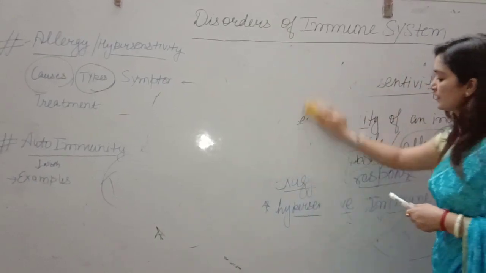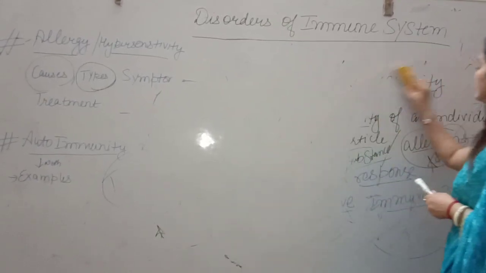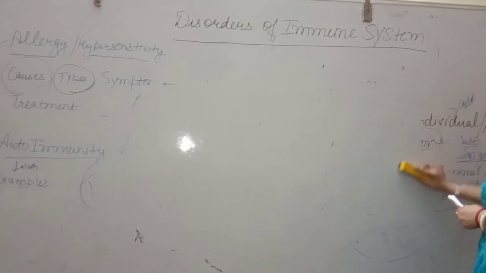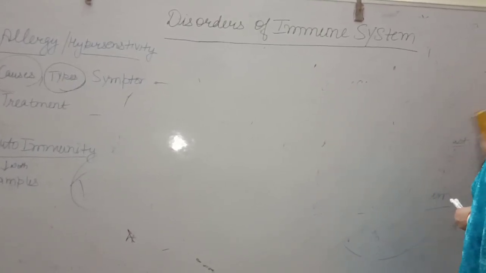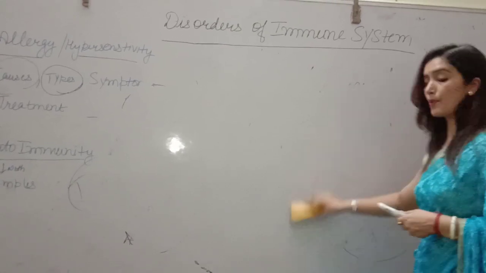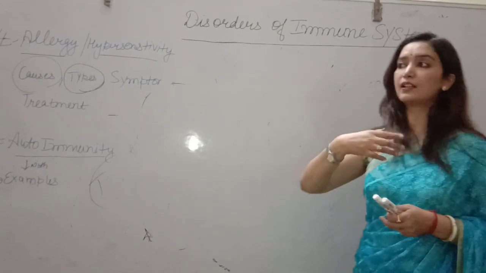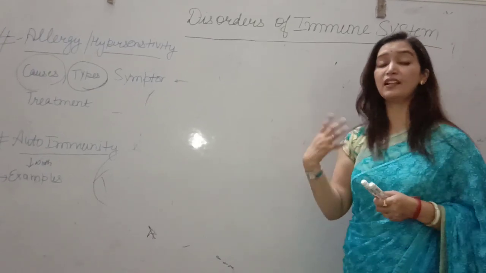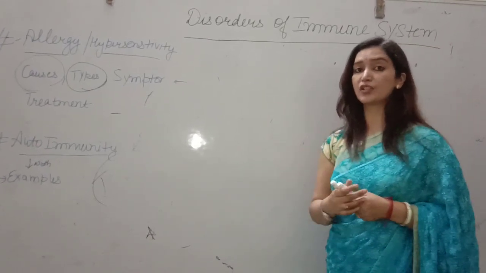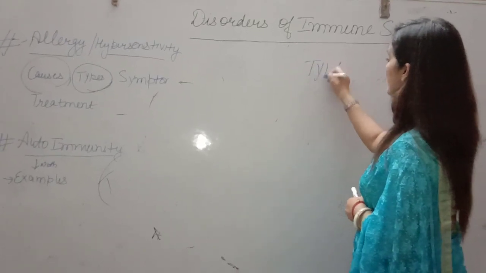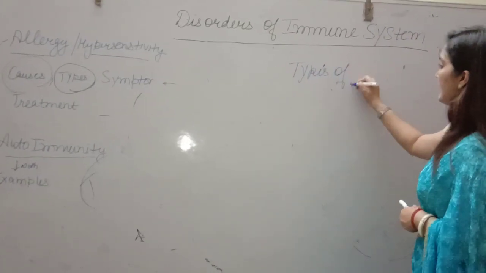Pollen grains we have discussed, they are the male gametophytes in case of plants, and in case of some gymnosperms they are powdery in nature, and they are generally present in air in large amount, and that may cause allergy to some people.